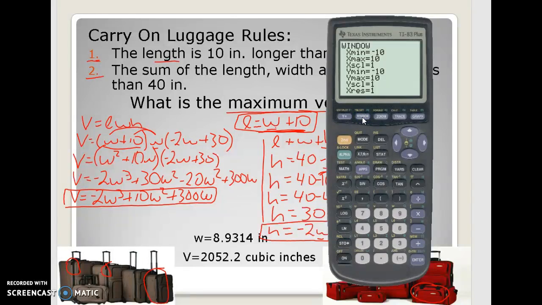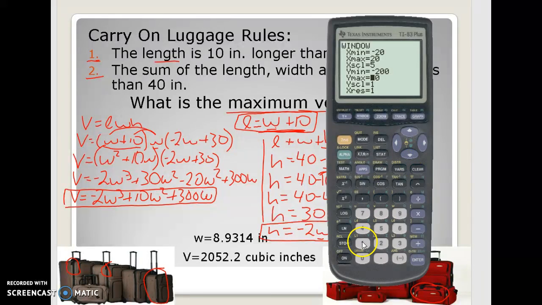So I'm going to have to go back and change my window. I'm going to change it so it goes from, let's say, negative 20, so I can see everything, to positive 20, and I'm going to count by 5s. Then for my y scale, I want to see what's going on below the x-axis, so I'm going to make the minimum negative 200.